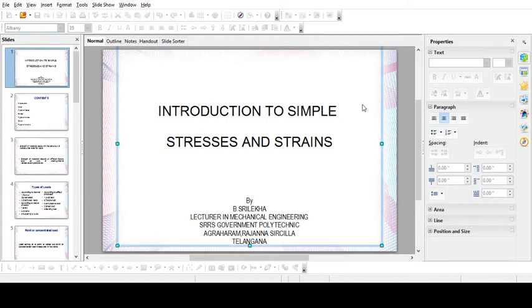So our simple stresses and strains would be concentrating mostly on basic definitions of stress, strain, and the definitions of all the elastic constants, and thereafter for different types of material, like either uniform material or composite materials, what are the formulae involved, and how to calculate the stresses and strains, and then what are the relations between the elastic constants, and how would we calculate volumetric strain, etc., will be known in this chapter.